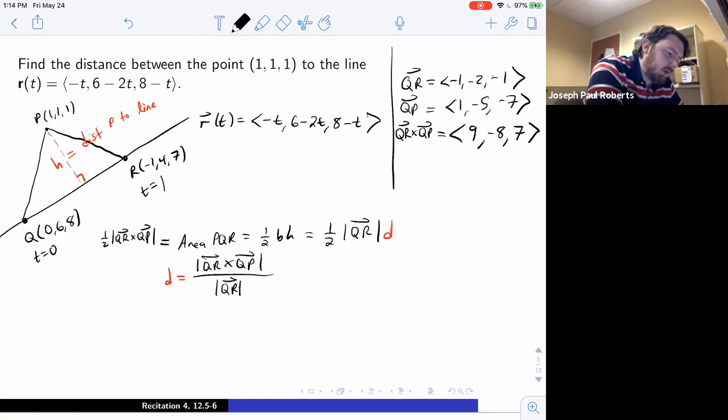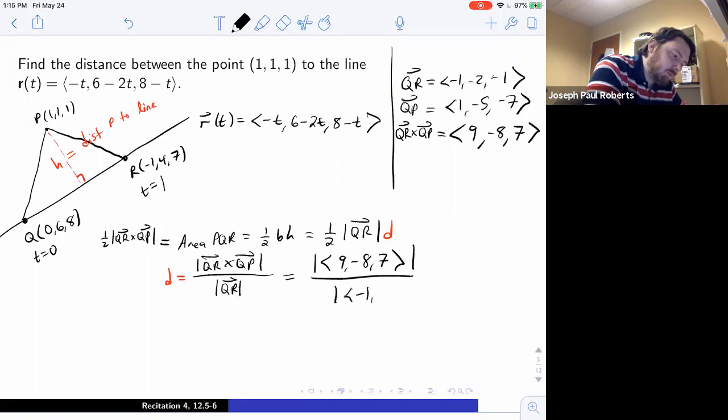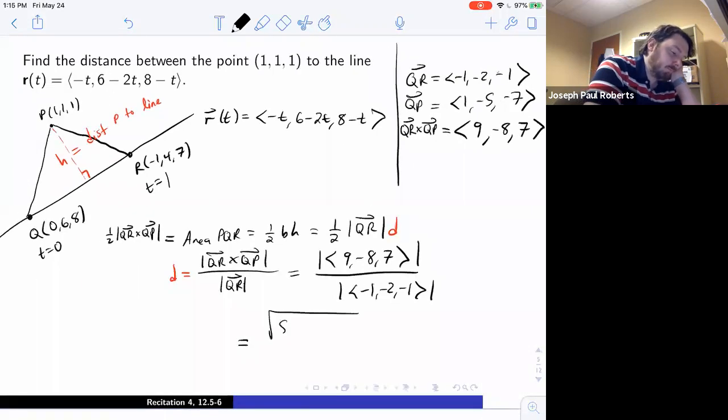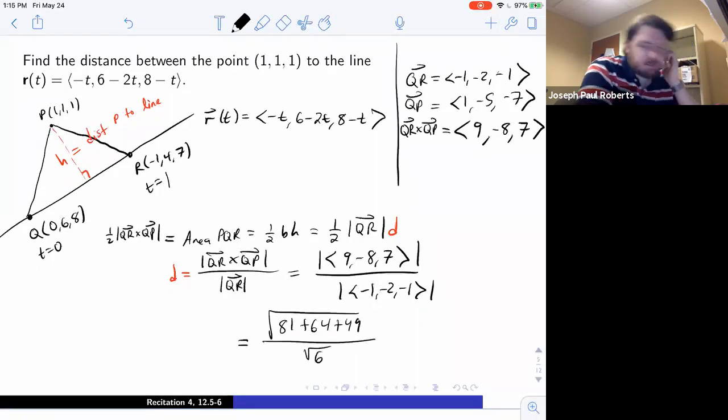Okay, so then that's the length of 9, -8, 7 over the length of -1, -2, -1. So I get 81 plus 64 plus 49 over square root of 6. So whatever that ends up being, some number.